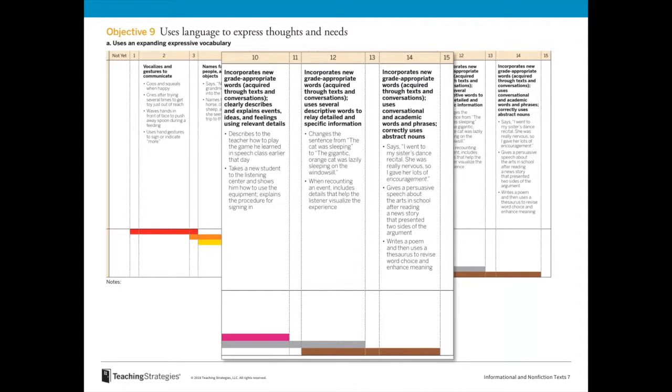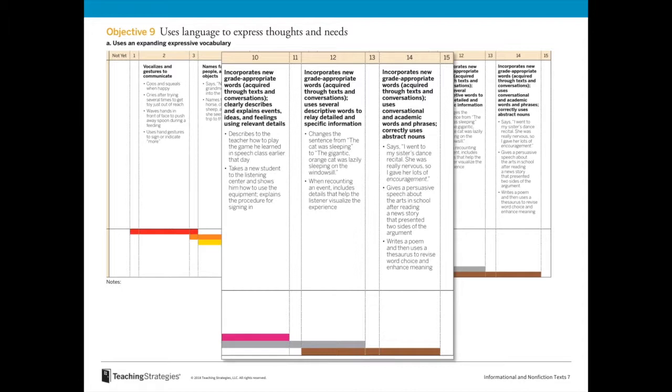And then when they get into the early elementary years, they're really getting into incorporating new grade-appropriate words. If we notice here, the indicator under number 10 says acquired through text and conversations. So it's really important for children to use informational text, but also, through their conversations, to talk about what they're seeing in their environment.